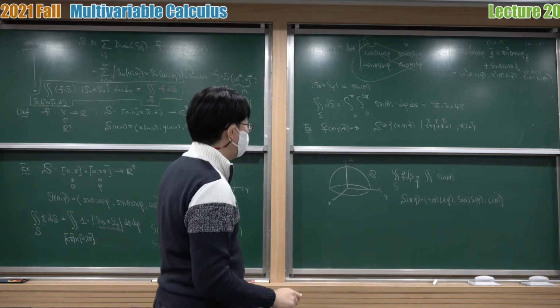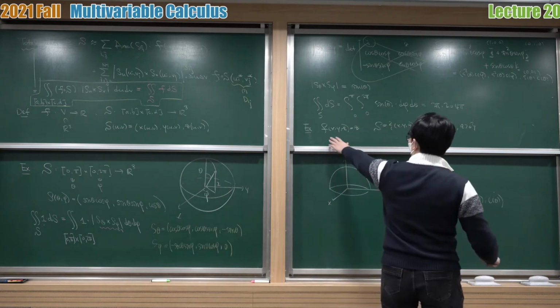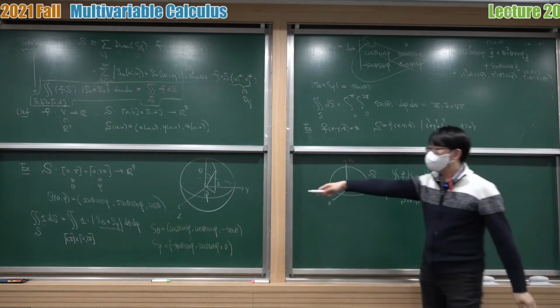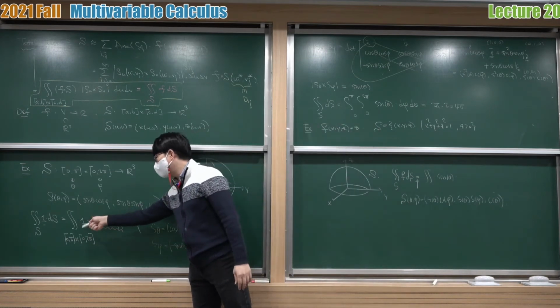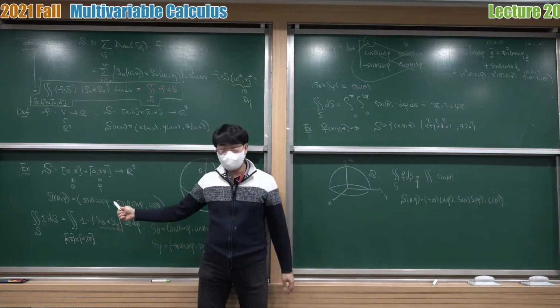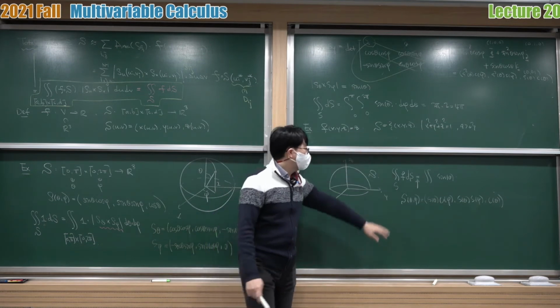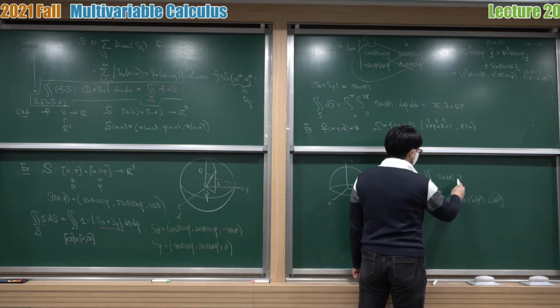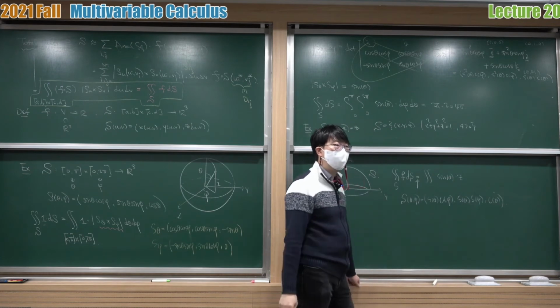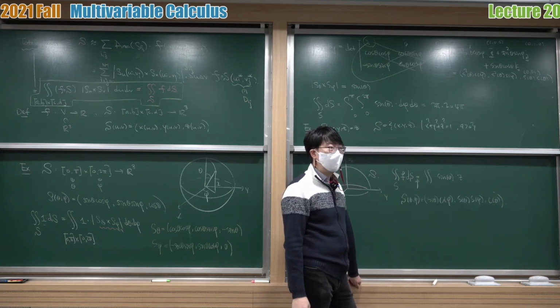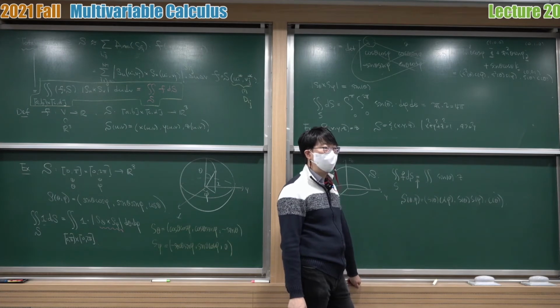Define the integrand. We have to find out what f is. Before, it was 1, so f was eliminated, but now we have a non-constant function, a z here. Can I just plug in z here? No. Why? The dimension is different.